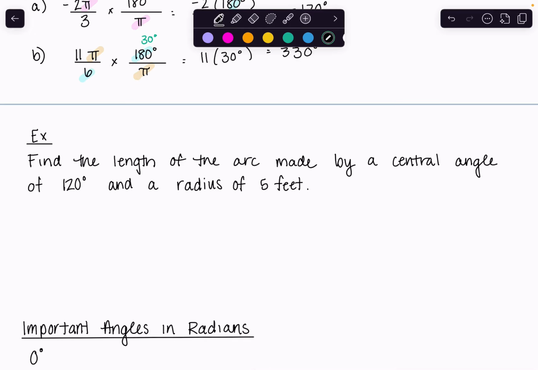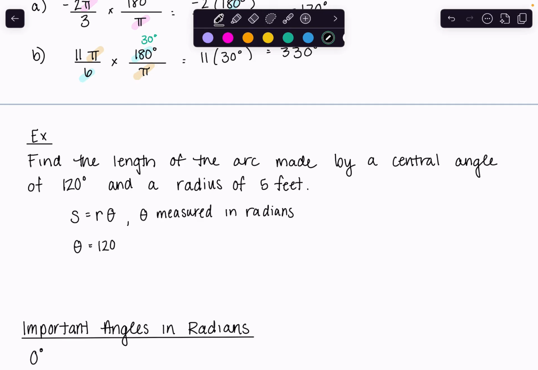Okay. So again, our arc length formula is S is equal to R theta, but it is specific. This theta has to be measured in radians because that's where our definition of radians came from. So currently my theta is measured in degrees, so I need to convert it.